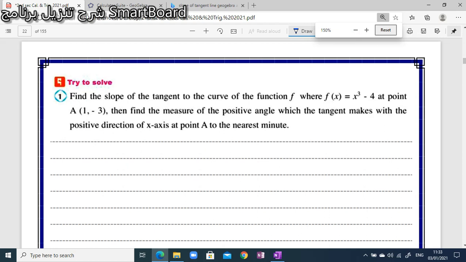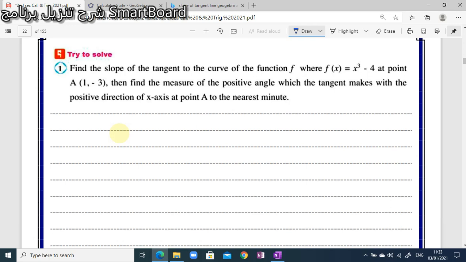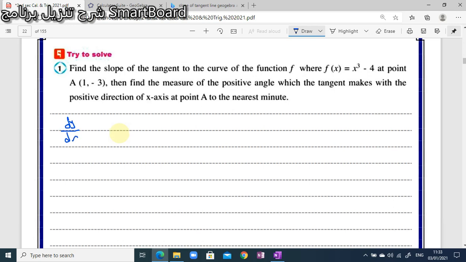So I will find the slope of the tangent, which equals the rate of change. So dy by dx equals the limit as h approaches 0 of f of 1 plus h minus f of 1 all over h.